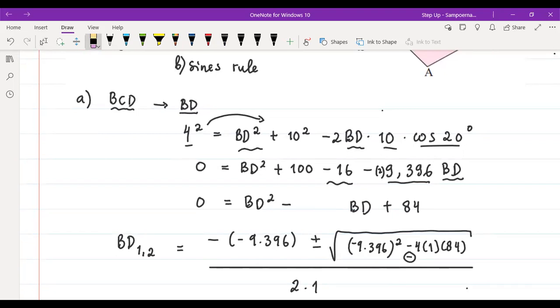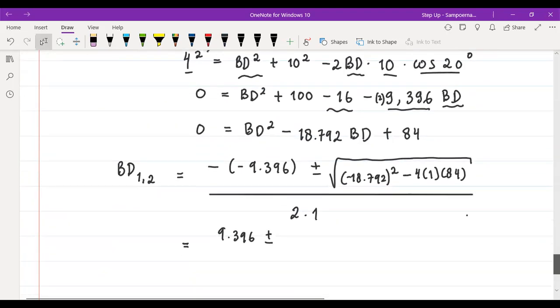9.396 times 2, which is 18. This one is 18, I'm sorry, I made a mistake. This is 18.792. It will be negative 18.792 squared. So bear with me, even though it's very long, it's just once, so you don't have to really understand everything.